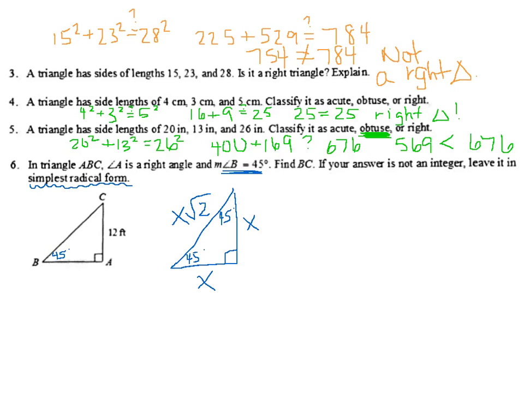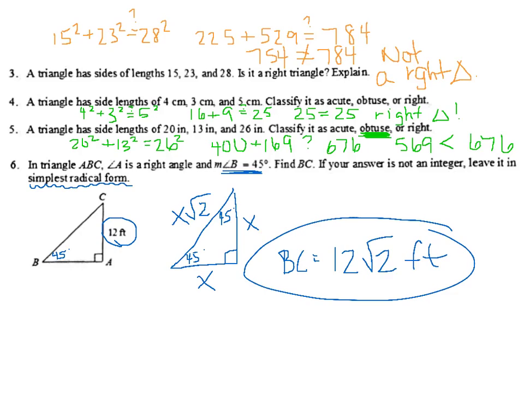So in this case, if my side is 12, then side BC is going to be 12 radical 2 feet. So I'm just taking my side, I'm multiplying it by radical 2. Remember, that's on your reference sheet, but you need to be able to recognize when and how to use it.